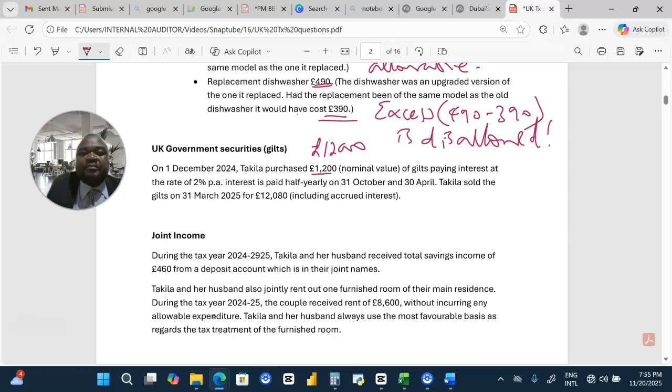Now, these guys have sold the notes to other people, so we need to tax them on that transaction.